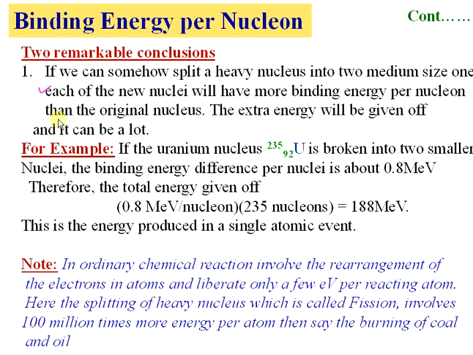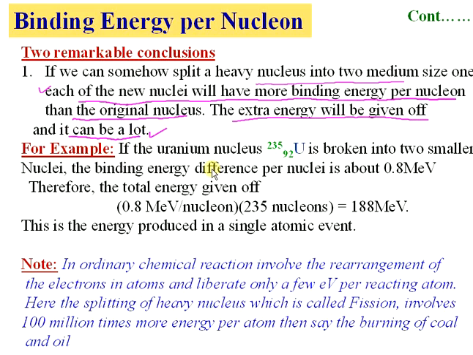But as a point, if we can somehow split a heavy nucleus into two medium-sized ones, each of the new nuclei will have more binding energy per nucleon than the original nucleus. The extra energy will be given off, and it can be a lot. We will discuss all these points in numerical problems.